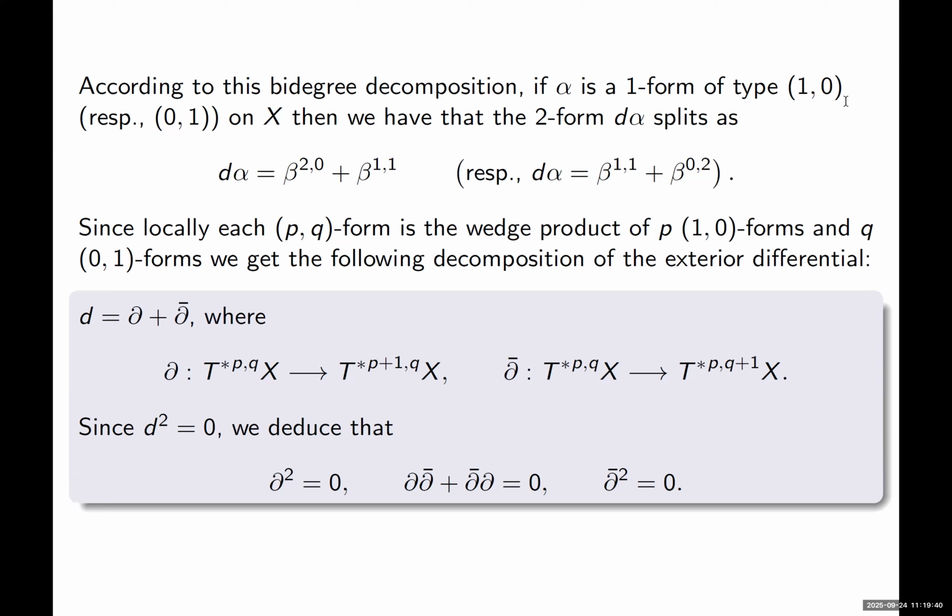Now, since d squares to 0, we deduce these relations, namely that both del and del bar square to 0, and that del and del bar anti-commute with each other.